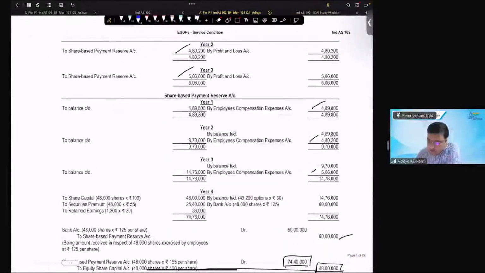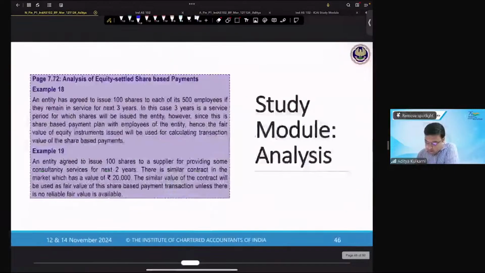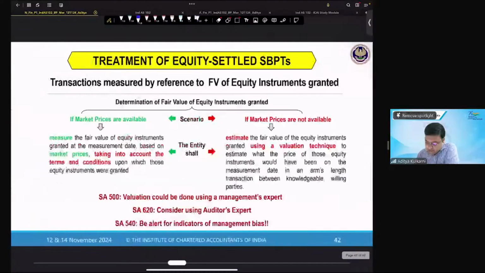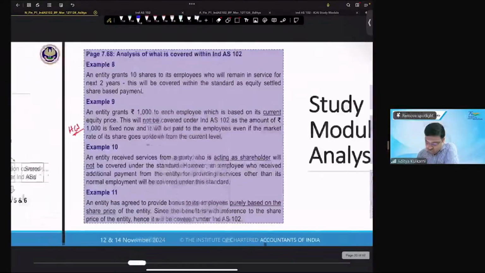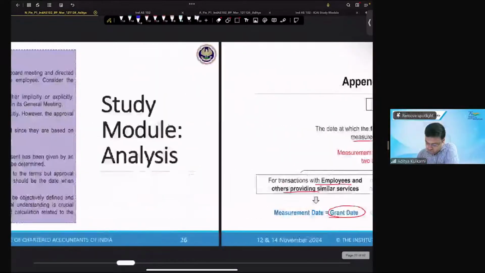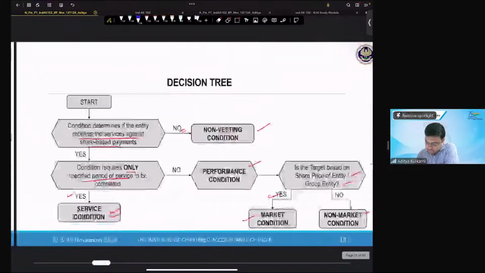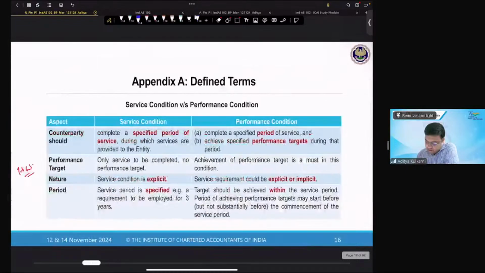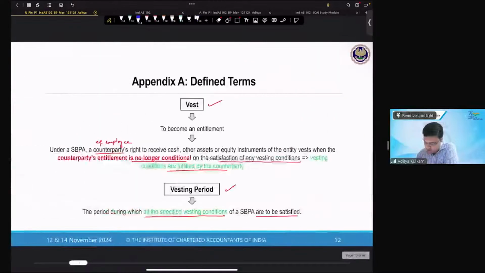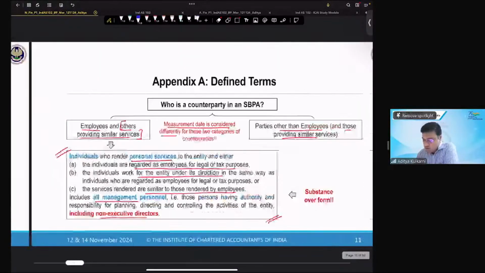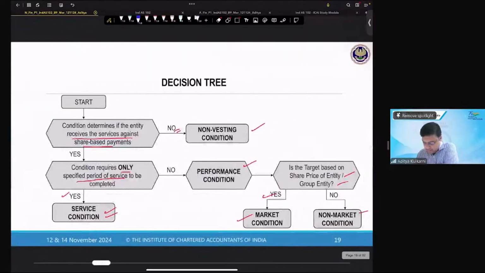We come to the definition of exercise price. Somewhere we saw the definition of exercise price. Grant date. Performance conditions. Exercise period. Okay. Here it's not given. Exercise price, okay, fine.